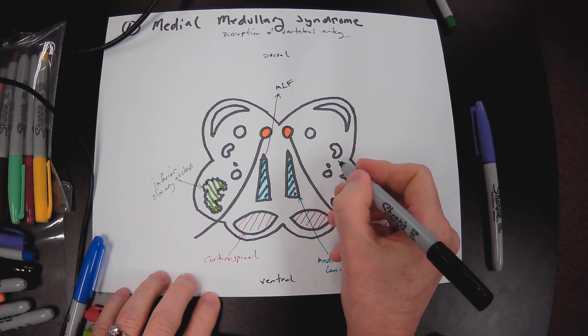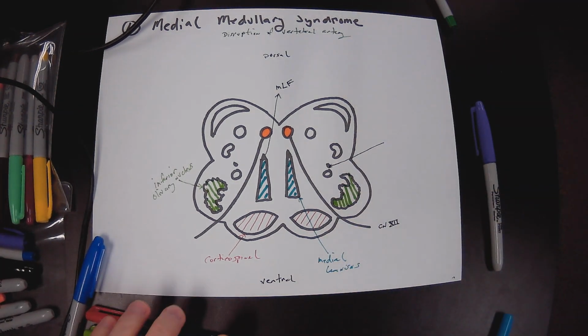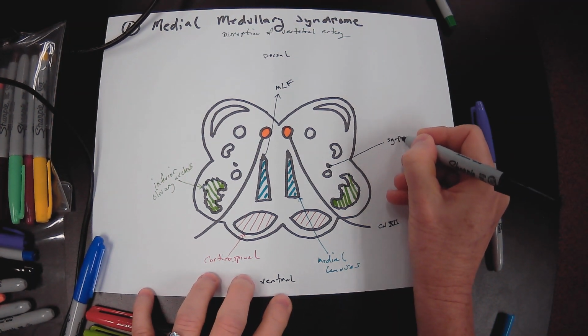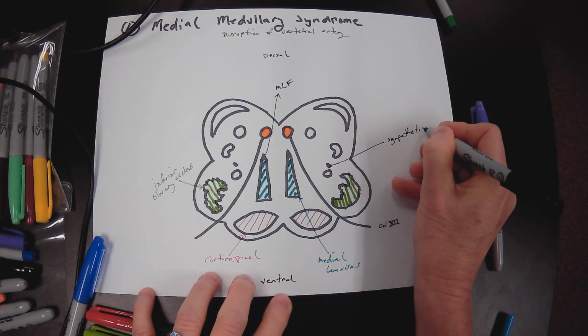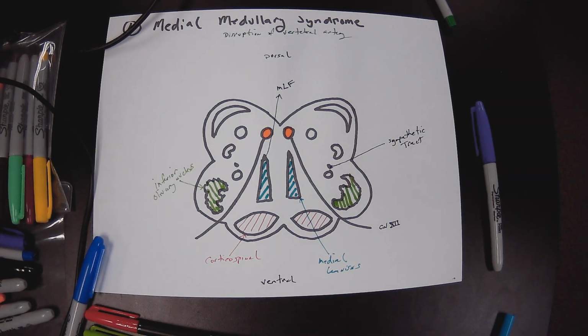And this little guy, we talked about this tract today. Disruption of this tract produces Horner syndrome. Which one is that? Yep, there's your sympathetic tract. Perfect.